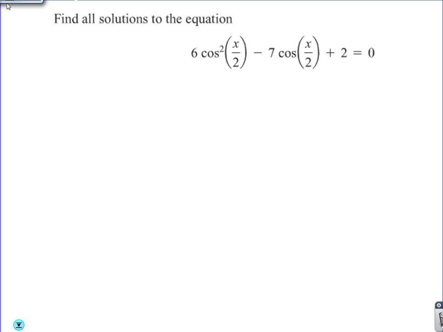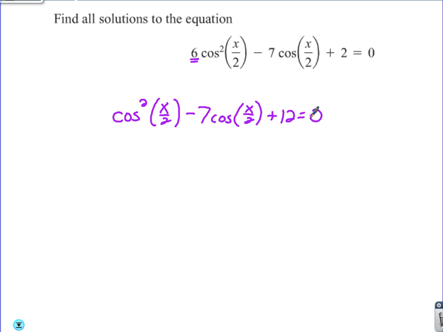First step. I noticed that this is not your basic quadratic equation, but it's a bottoms up top quadratic equation. So my first step, and if you want to use u substitutions, if you want to take out these cosines and put in u's, that's fine, and then go back and put in the cosines later. I'm not going to. Let's work it with it. We have cosine squared x over 2 minus 7 times cosine x over 2 plus 12 equals 0. We factor.